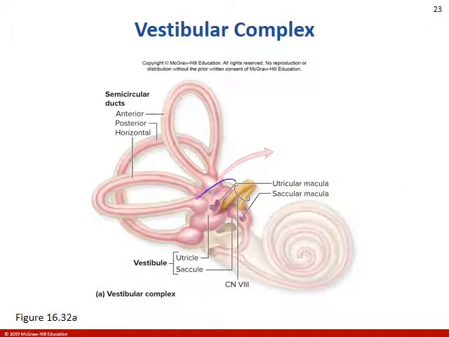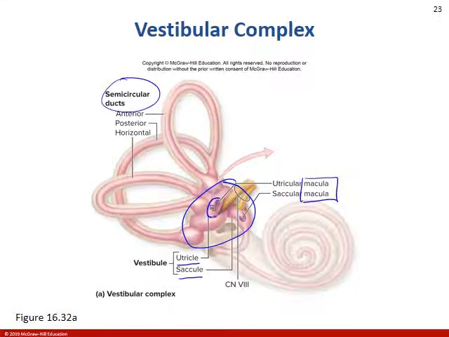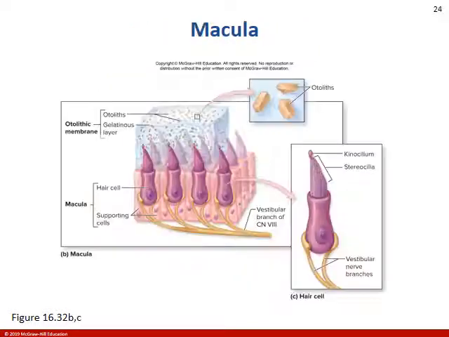Another figure for us to look at, we know we have the vestibule and we have the semicircular ducts. We're going to talk about the utricle and the saccule, and specifically this structure called the macula. So this structure here and this structure here, the macula, is what we're going to look at on the next slide.